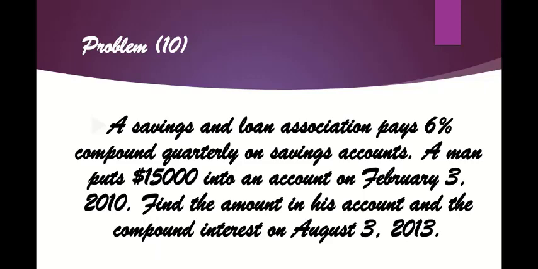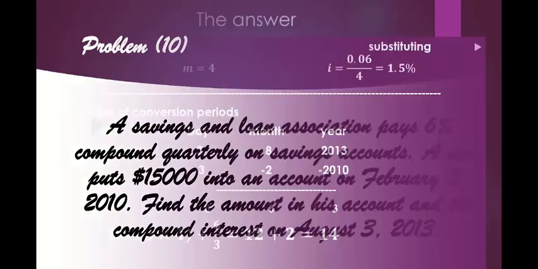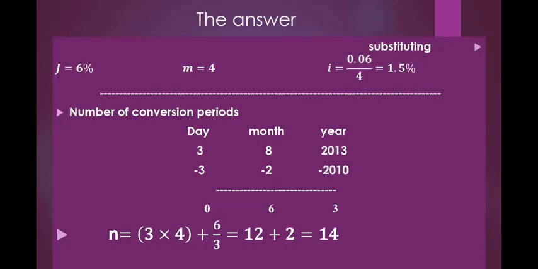In this example, we will substitute J equal 6%, M will be equal 4, and I will be equal 6% over 4, which is equal 1.5%.